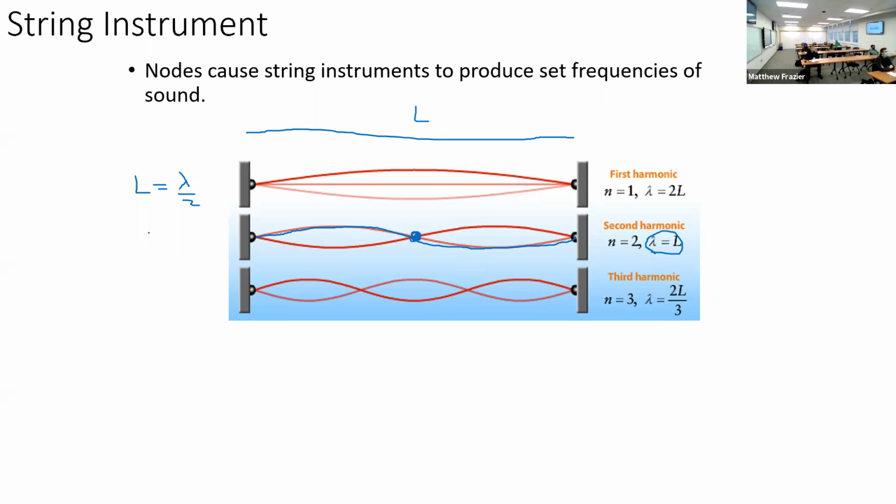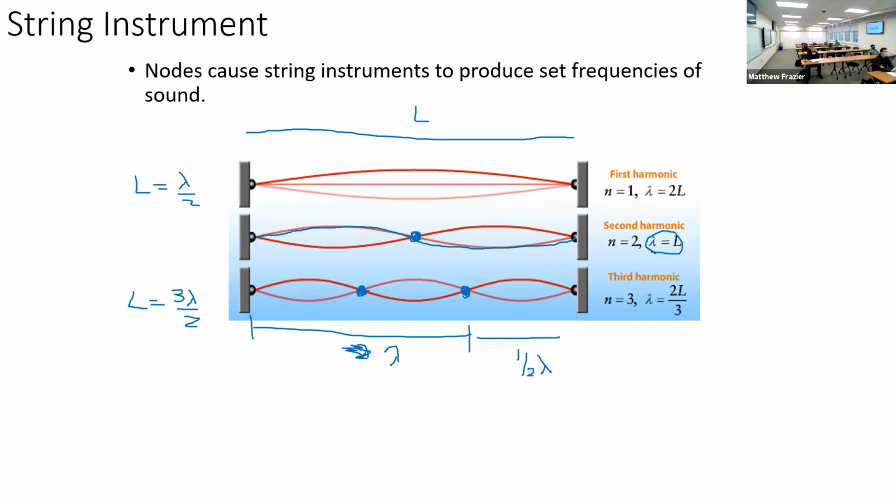Right. And then in the third case, we have L is 3 lambda over 2. And that makes sense because we'll have this distance will be lambda. And then this extra distance will be half lambda. And so we'll have 2 points here that are basically 0 amplitude all the time.